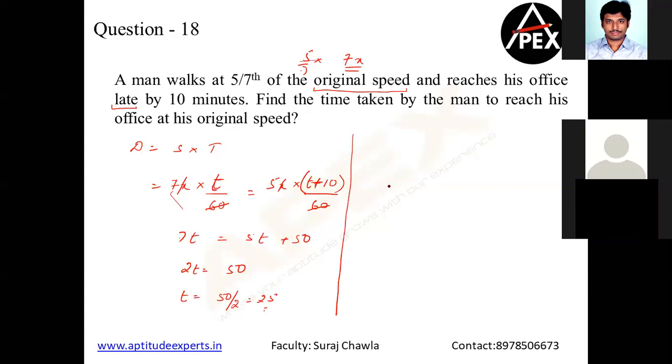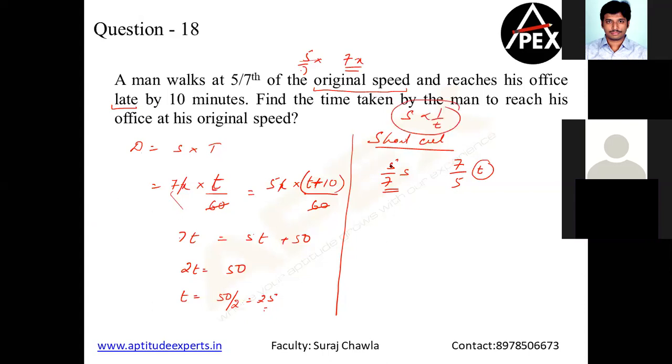Clear? Now, the simplest shortcut for these kinds of questions, please focus on this. If he's traveling at 5/7 of his original speed, please understand the time taken will be 7/5 of the original time. The logic is simple: if distance is constant, speed is inversely proportional to time.